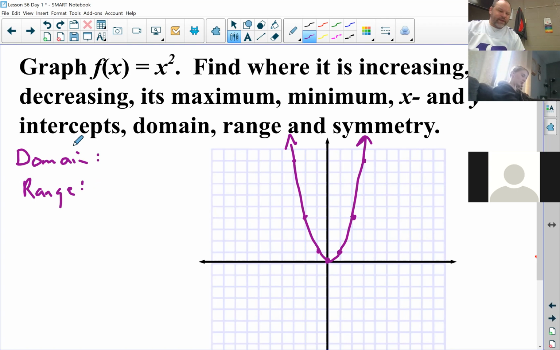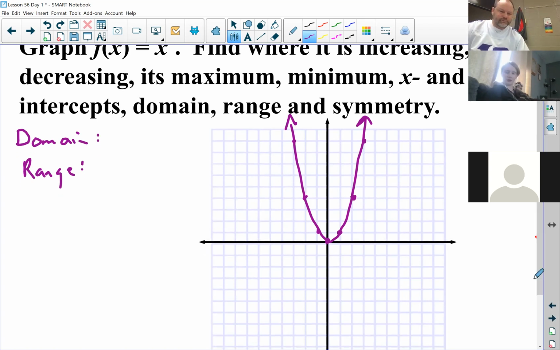What is the domain? What values can we plug in for x? I think all real numbers for the domain. Yep, all real numbers. Perfect.